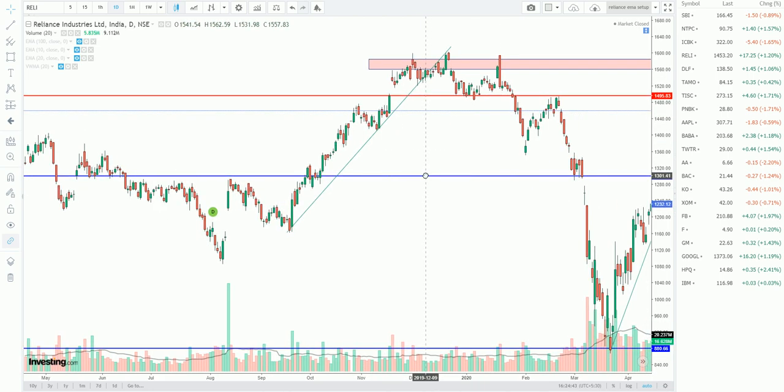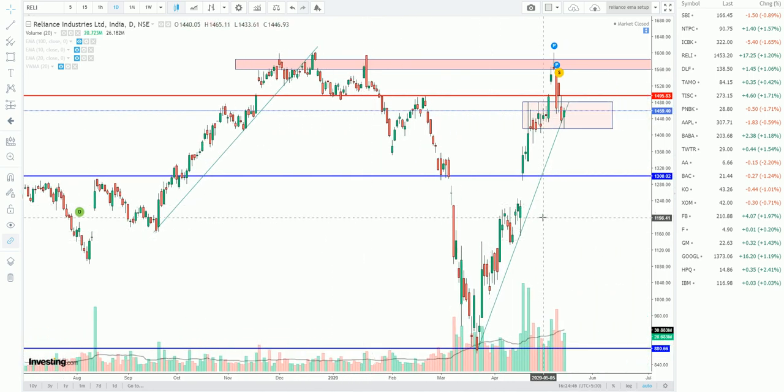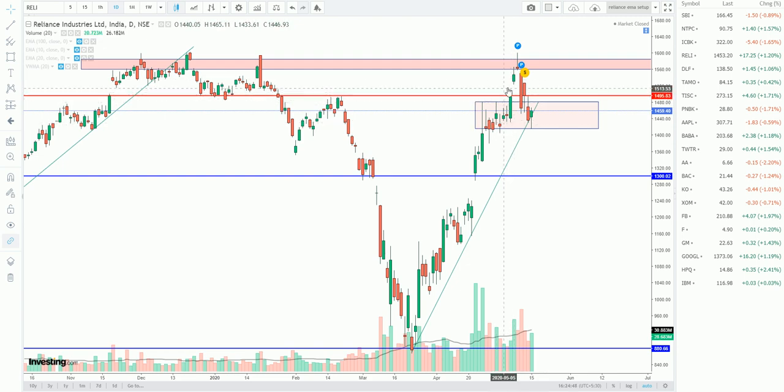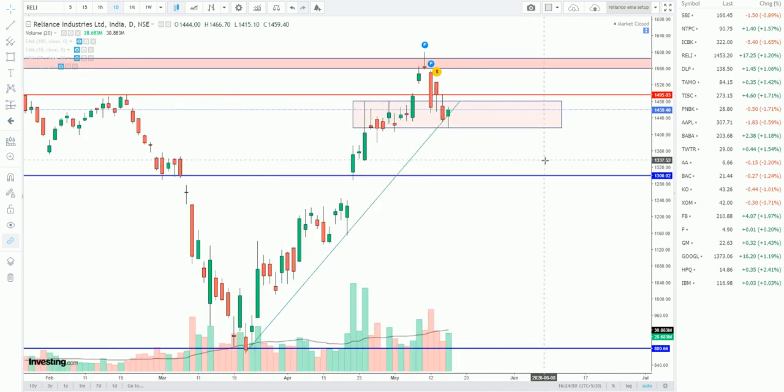You can see a similar pattern here also. There was a gap here that also got filled, and now the stock is trying to move towards this point. Even the 100 EMA is nearby, and this point is also nearby. So both setups are confirming that this stock can move towards the 1300 level.